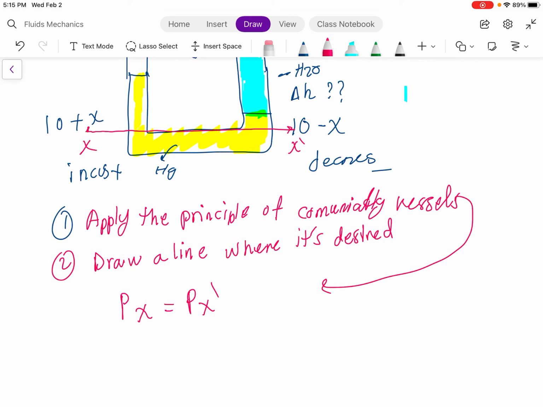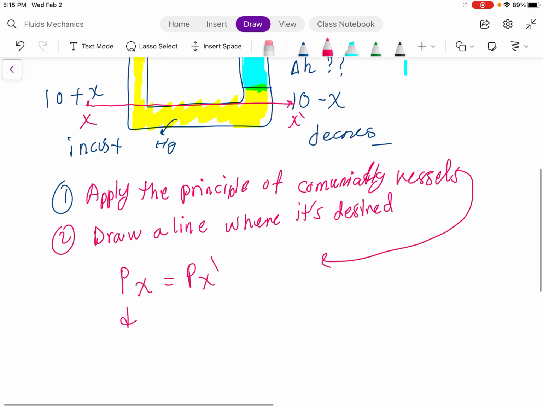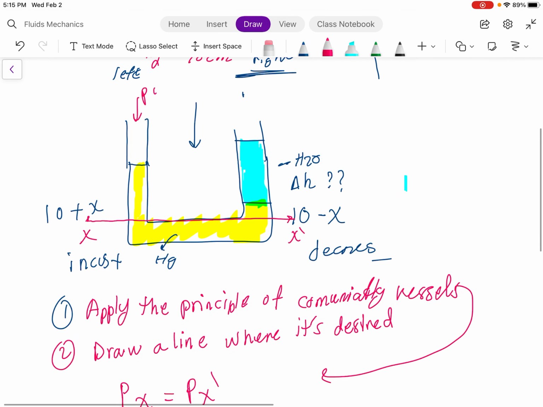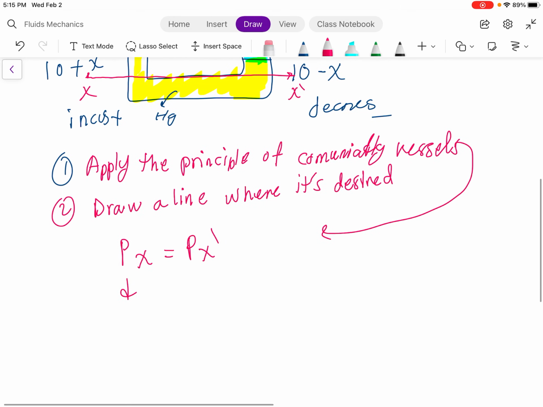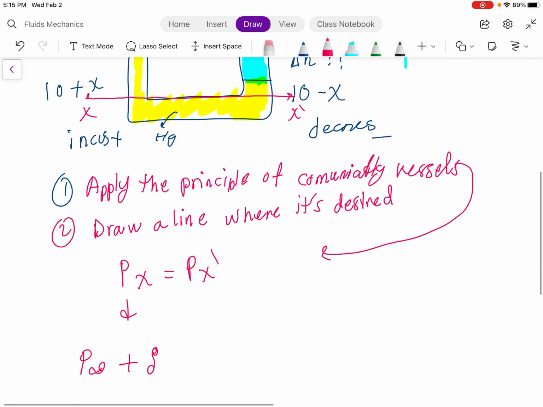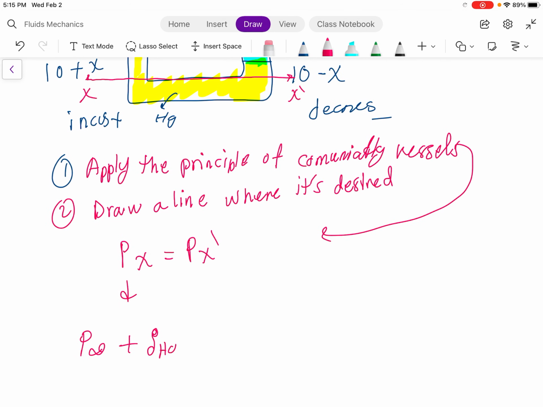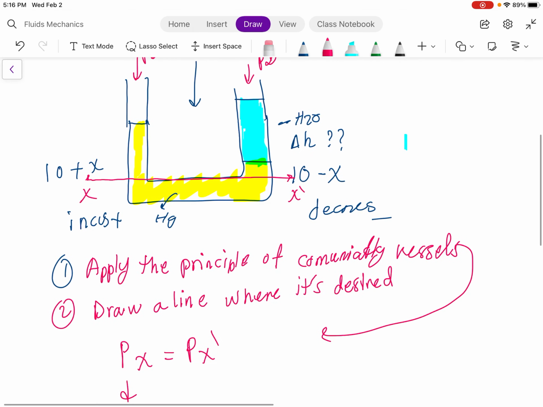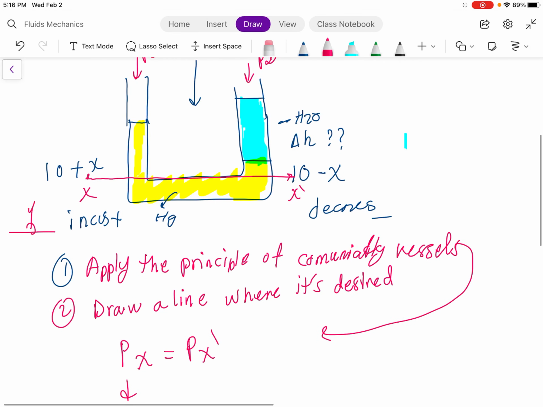Alright. So let's see what is Px. Px is the atmospheric pressure in here. I forgot to draw this. So we got pressure plus the density of mercury, what we have in here, times gravity, and then the delta Z, which is our Z. It's going this direction.